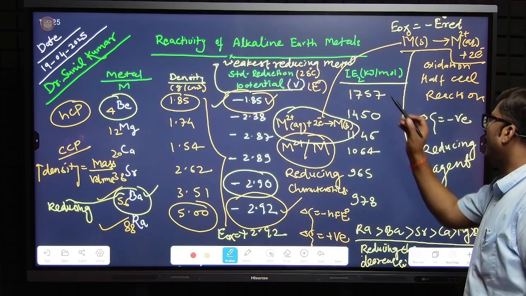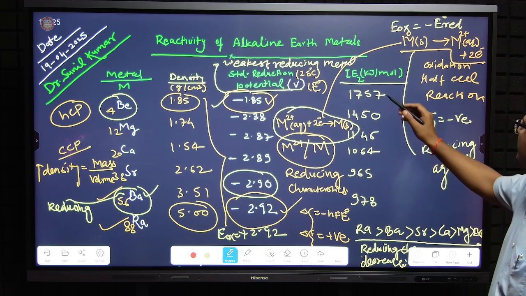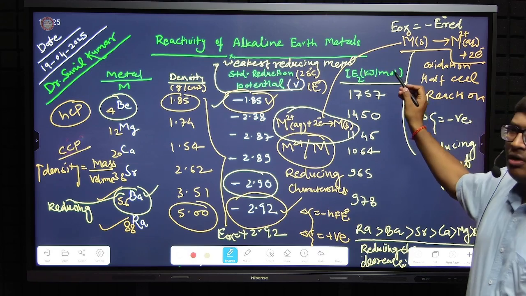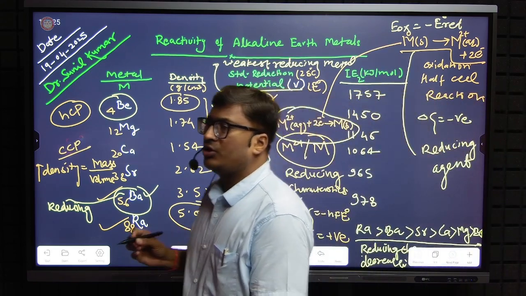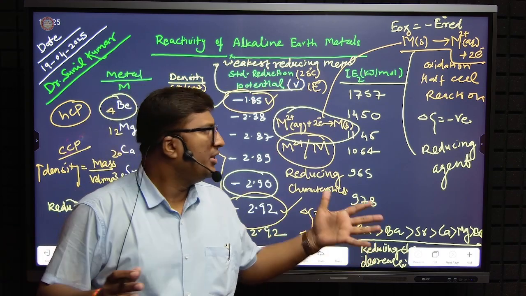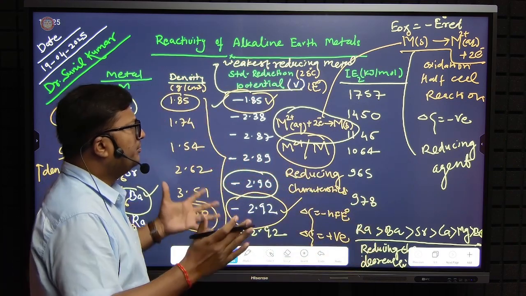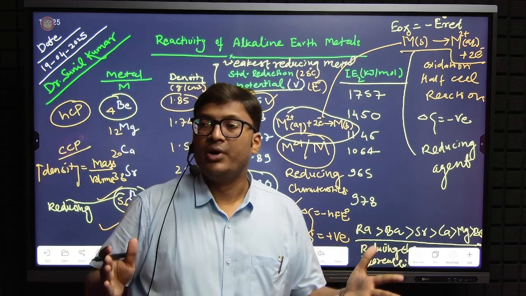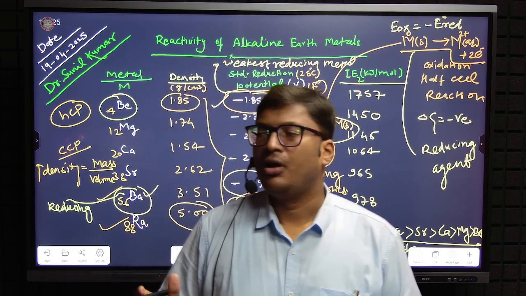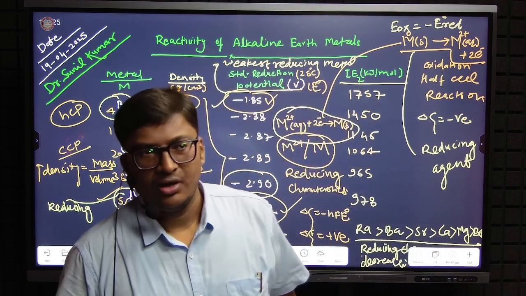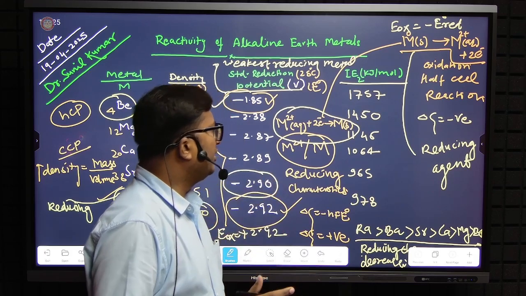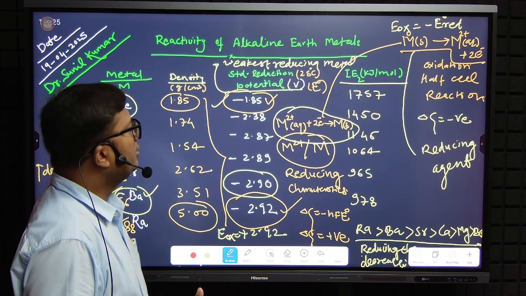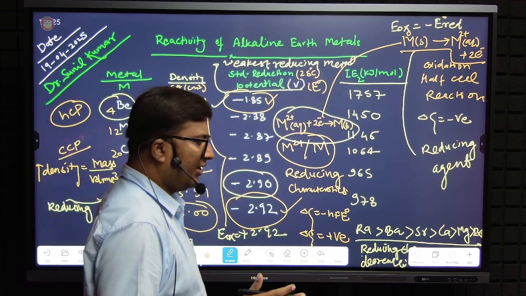Second ionization energy means IE2 in kilojoule per mole. Kilojoule per mole means the energy required to remove the most loosely bound electron in an isolated gaseous metal, which is called ionization energy.